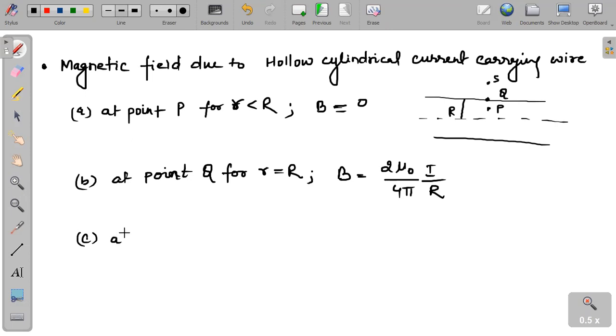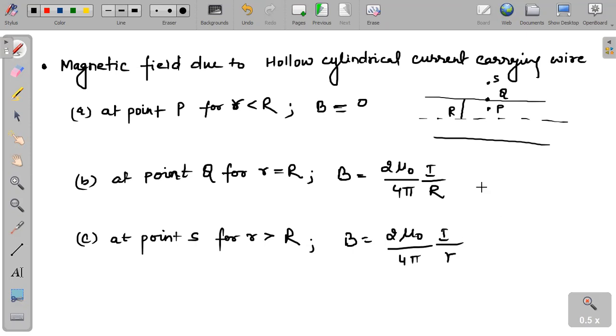At point S for r greater than capital R, B is equal to 2 mu naught by 4 pi I upon small r.